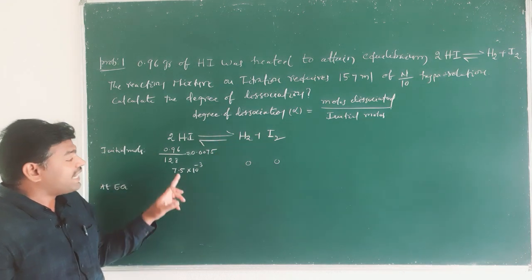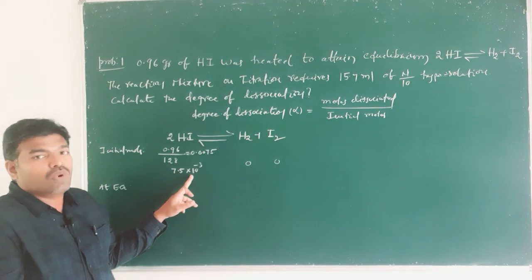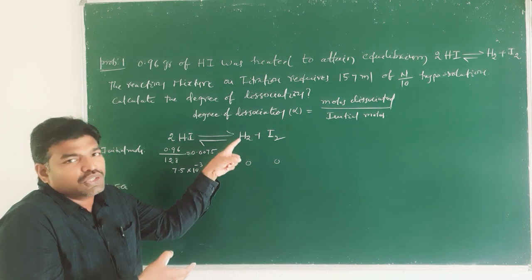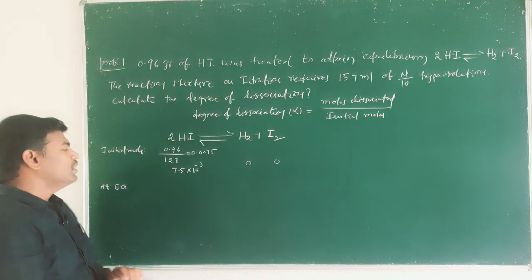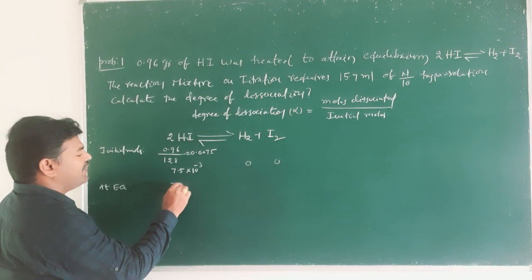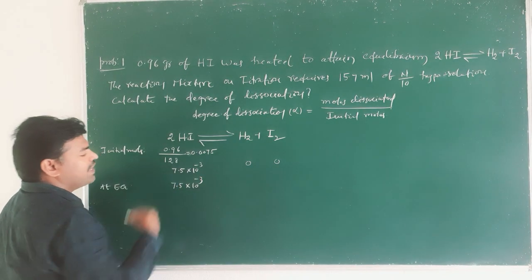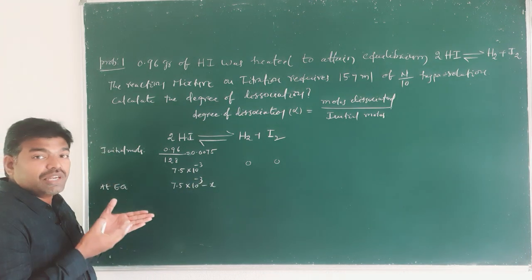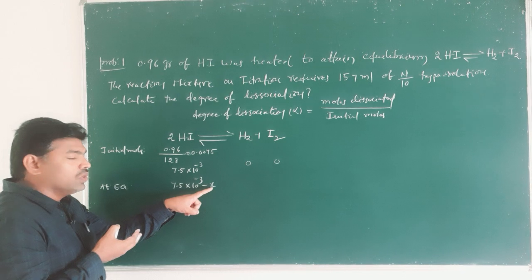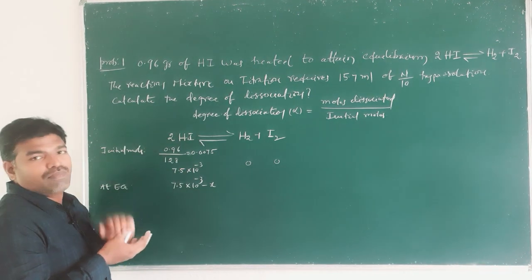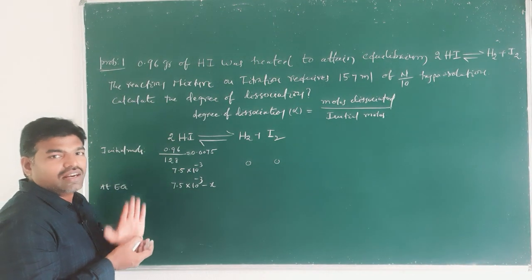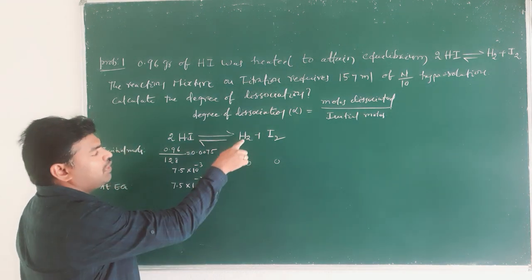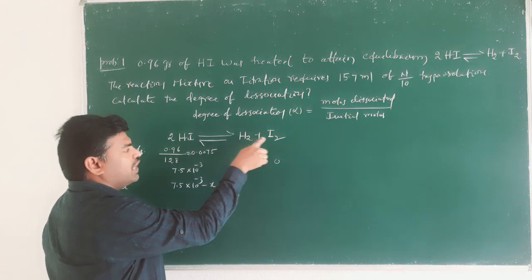That means out of the 7.5 into 10 power minus 3 initial moles, x moles dissociated and are consumed to form moles of H2 and I2.